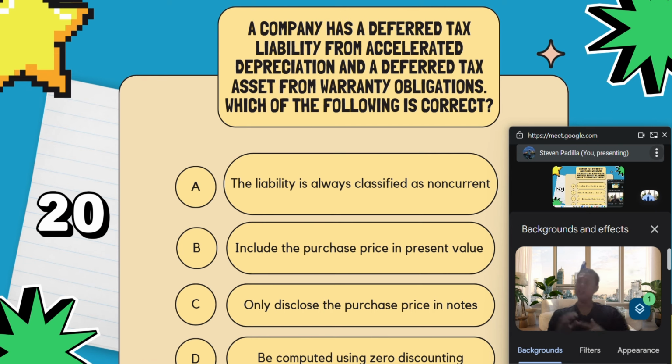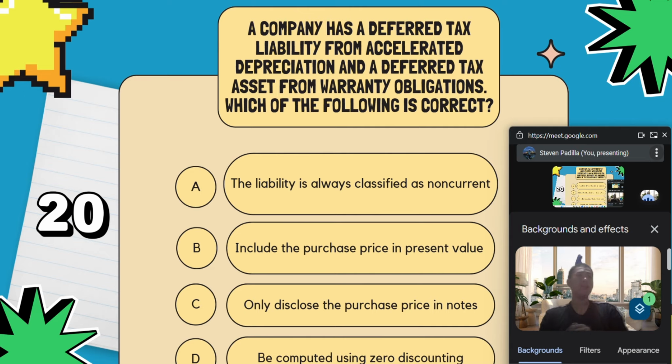The deferred tax liability from accelerated depreciation is non-current because it relates to long-term assets. The deferred tax asset from warranties is current if the warranty obligations are expected to settle within 1 year.